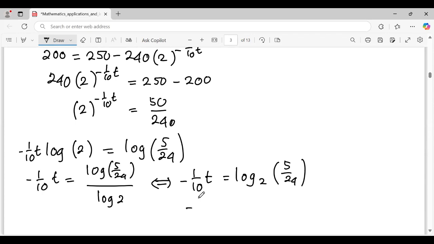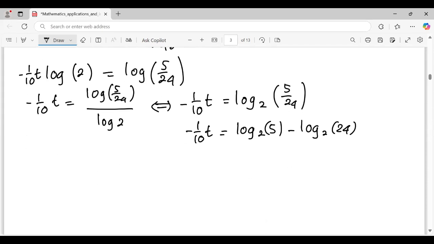Or we can state like this: minus 110t equals log base 2 of 5 minus log base 2 of 24. And the next step, we're going to find log 5 and log 24.